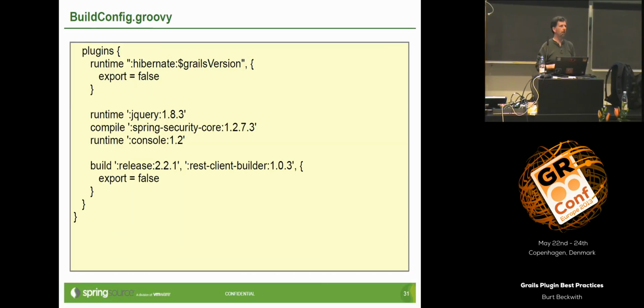Where did this thing come from? It came from an older version of the release plugin that used to depend on the SVN plugin, and the developer didn't properly exclude that. So if you set up an explicit dependency on the transitive dependency of the release plugin, and also export that, then it will be excluded. Just copy and paste this into every BuildConfig for all your plugins, and you'll be set. Of course, if you don't release them to the public, then you don't really care about this stuff. This is really more important for plugins that are going to the portal.